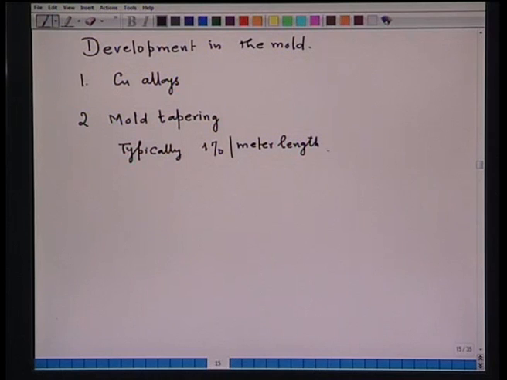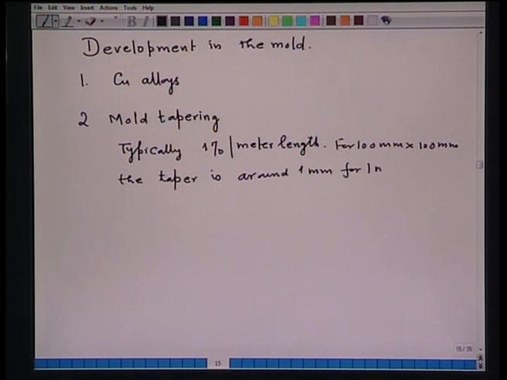For example, for a 100 millimeter into 100 millimeter cross section of the strand, the taper is around 1 millimeter for a 1 meter long mold.